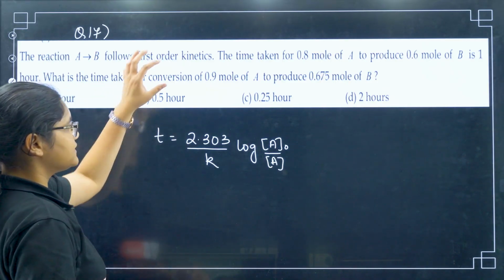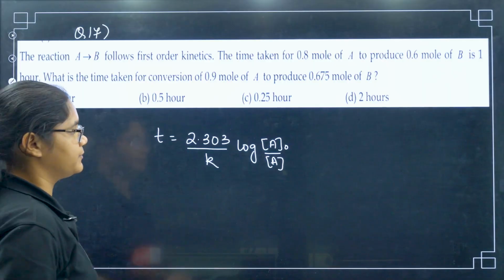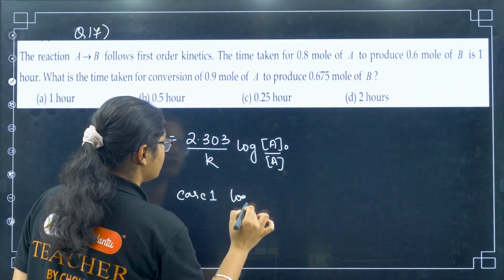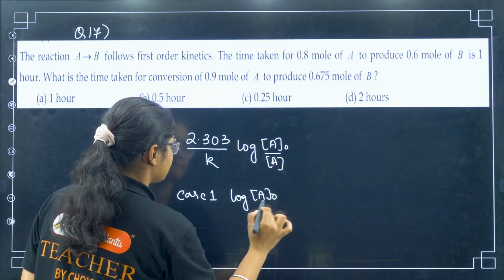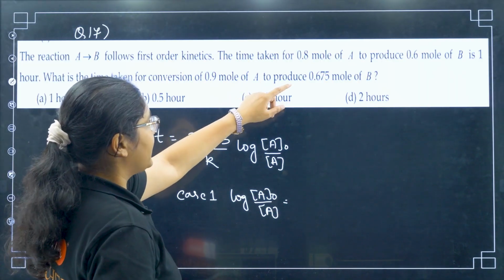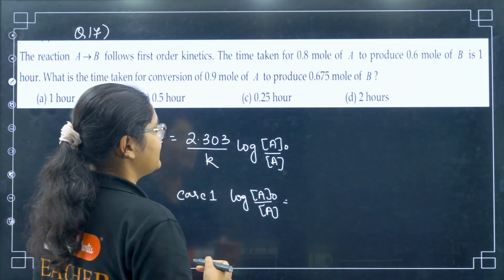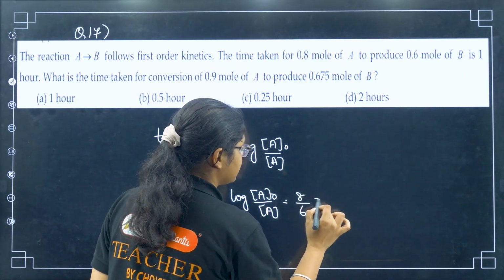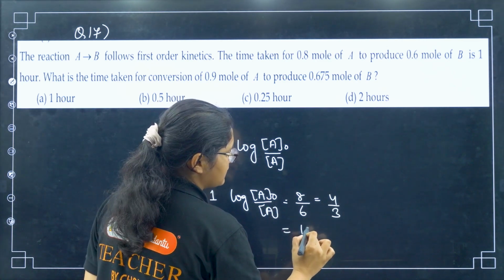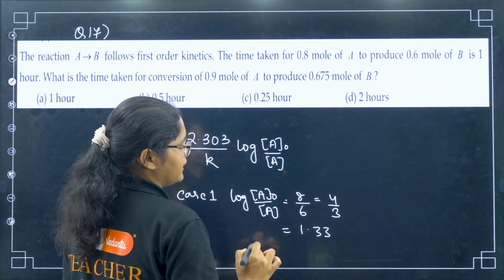Now this is the same reaction, but we have only changed the initial concentration and final concentration. So in case 1, what is the value of log of A naught by A? 0.8 mole of A to produce 0.6 mole of B, right? So it is 8 by 6, which is 4 by 3, so I will get 1.33.